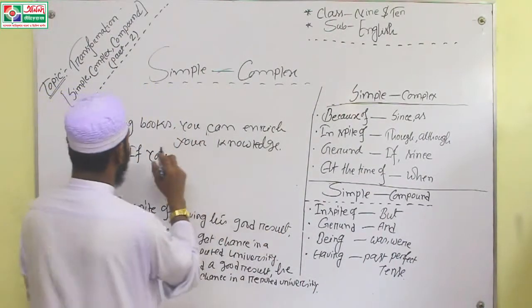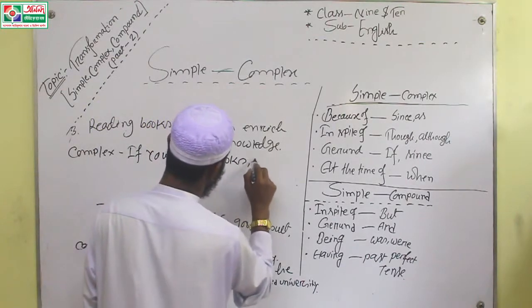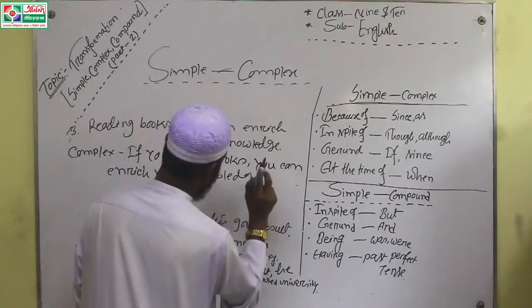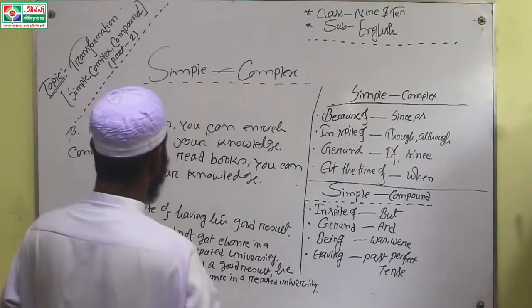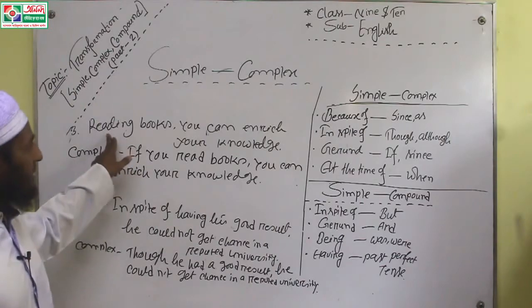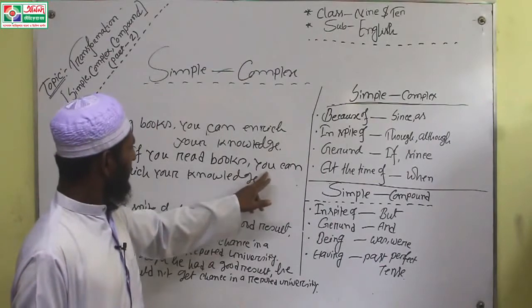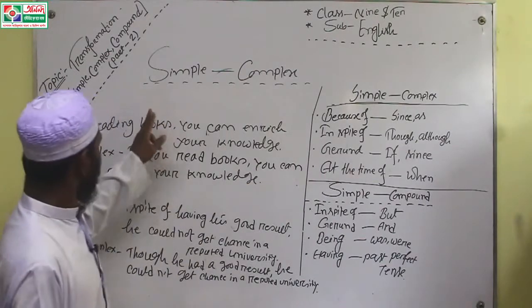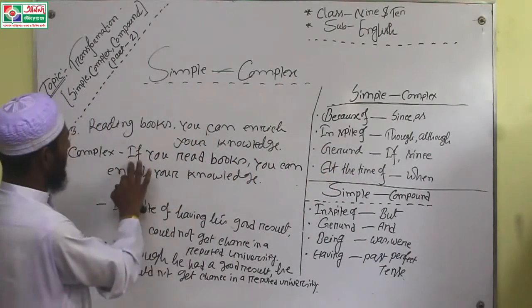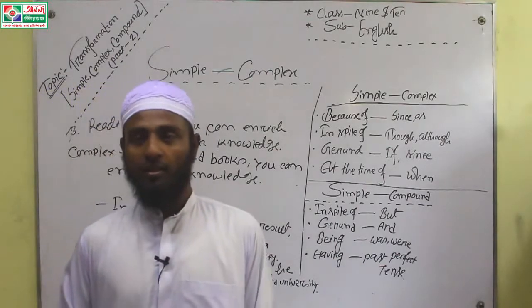Complex will be: if you read books, you can enrich your knowledge. That means if you find a gerund, instead of the gerund, you will use if. Okay, you can use if instead of gerund. Okay.